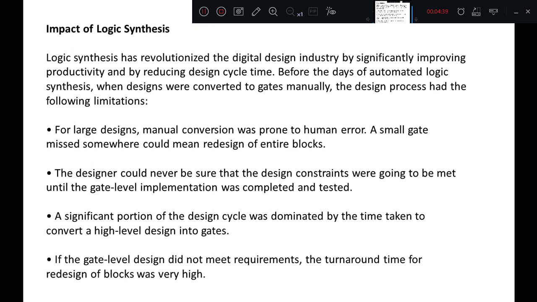The time taken to convert the higher level blocks to gates used to take more time. If the gate level design did not meet requirements, the turnaround time for redesign of blocks was very high.